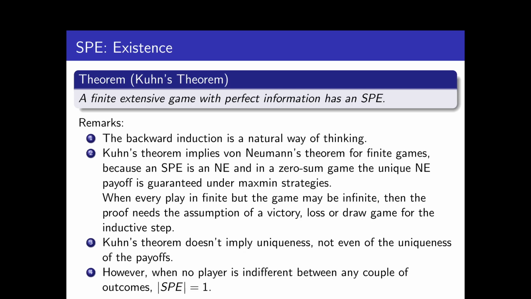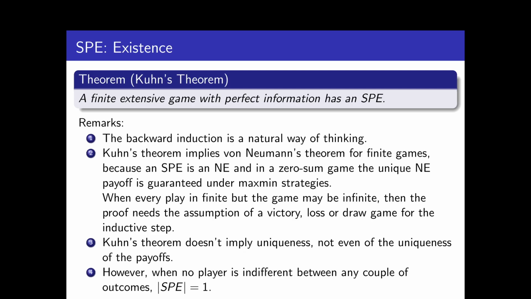For infinite games, where we just know that each play is finite, this theorem does not by itself imply von Neumann's theorem, but we can easily generalize the proof so that it will imply that theorem.